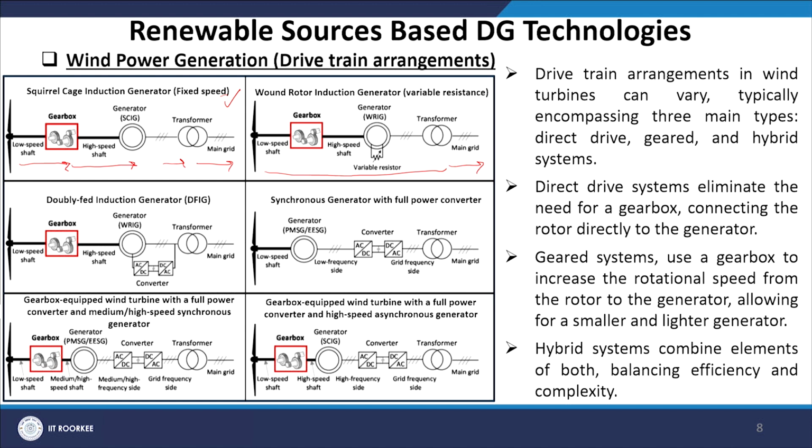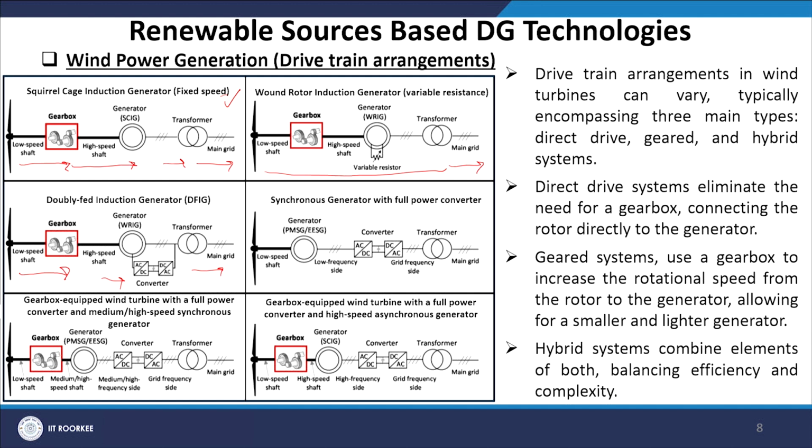One of the most popularly deployed wind turbines today is known as the doubly fed induction generator, so-called DFIG. We have the turbine followed by a gearbox and then your generator and then finally a transformer to the main grid. One more category is the synchronous generator with full power converter.